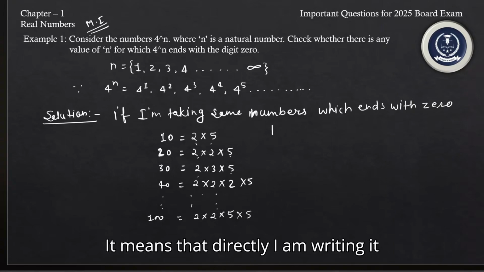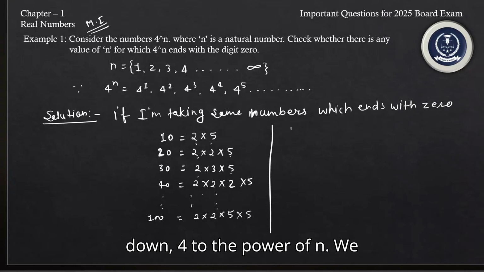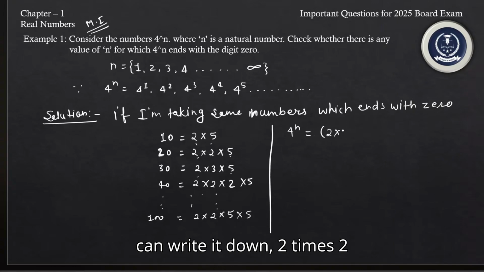It means that 4 to the power of n can be written as 2 times 2 to the power of n.